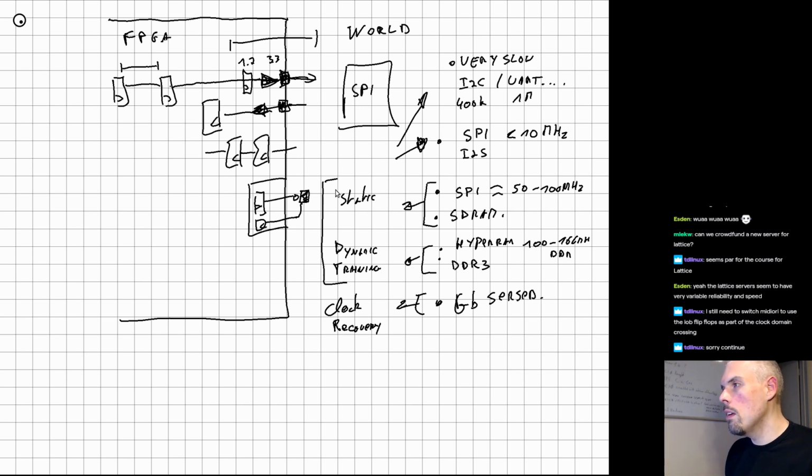All of those paths are just not analyzed by NextPNR at all, which means you can't constrain them, and you can't check them with the open tools. That's kind of the unfortunate thing.